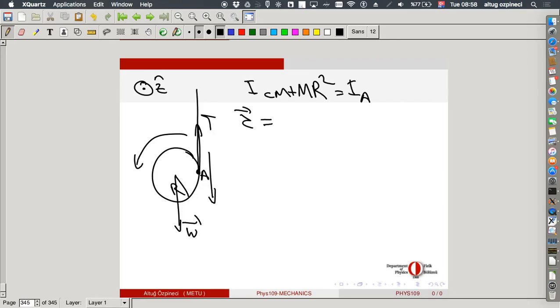I have two forces that will be creating the torque. What is the torque created by the tension around the point A? The tension doesn't create any torque around the point A. So it is zero. What about the torque created by the weight of the object?